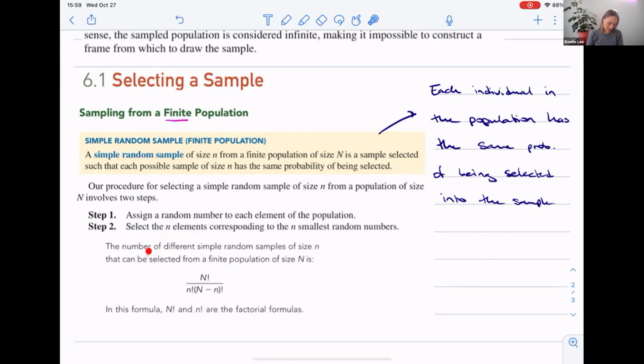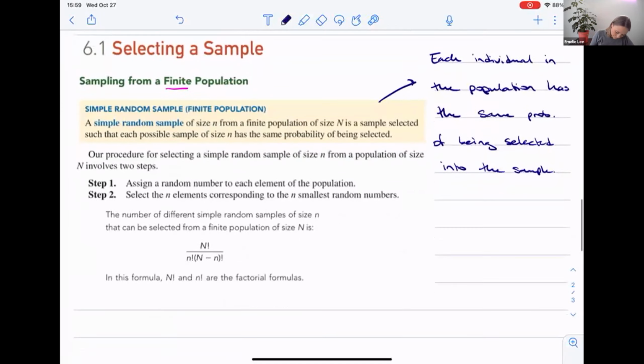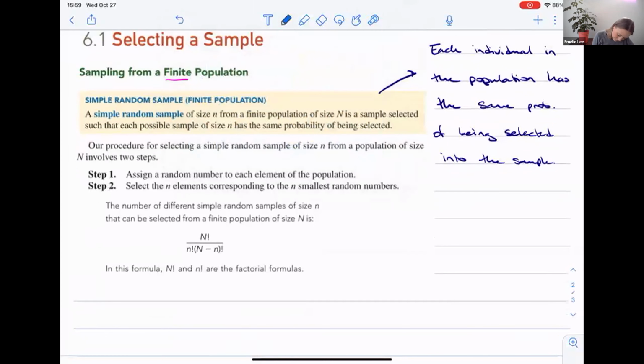What's interesting is the number of different simple random samples that we could have. So imagine you're taking a sample of size 30 from a population that's, let's say, only 1,000 people, right? Let's keep it nice and reasonable. So now our population size is 1,000, and I want to randomly select 30 of those, right? Let n be 1,000.